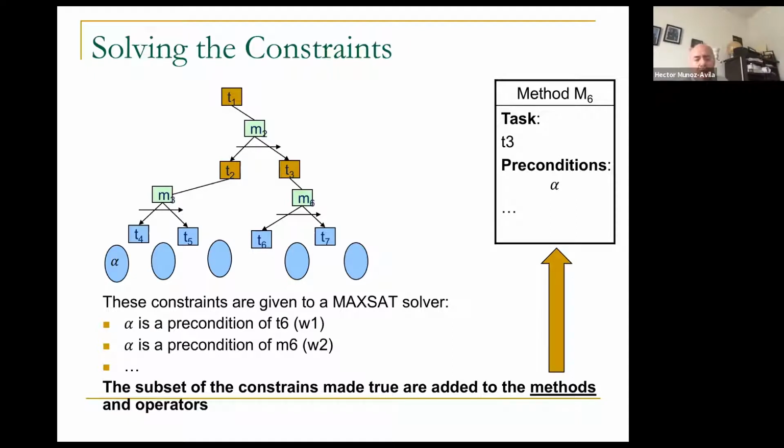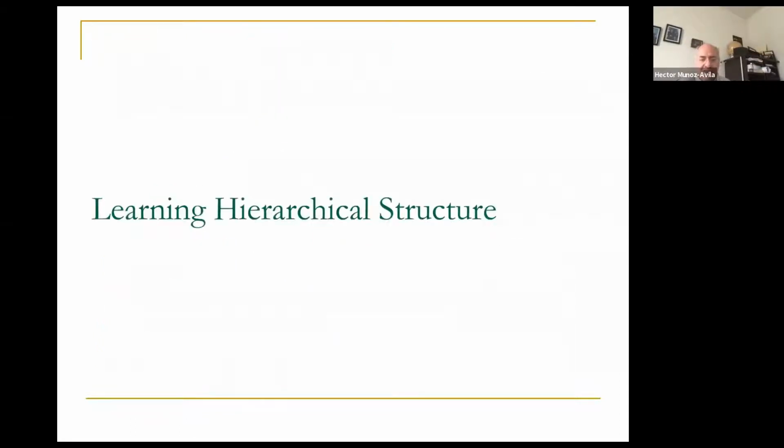Very low probability, but still, that doesn't really affect the learning. So yes, they are more robust in that sense. Good. With that, let me move to learning hierarchical structure.